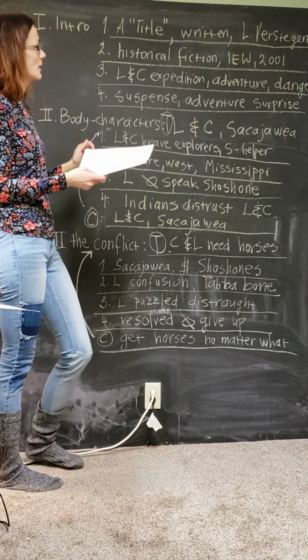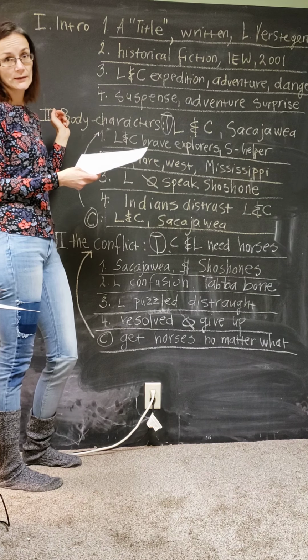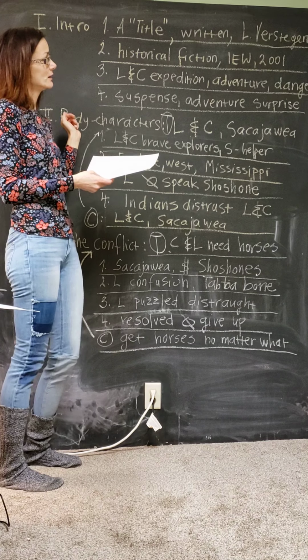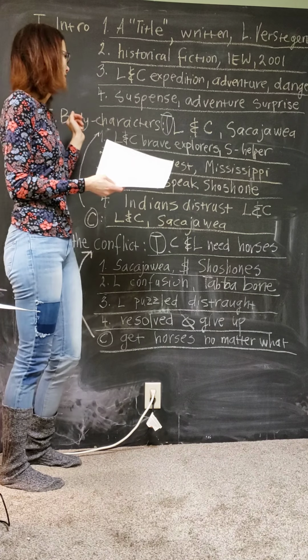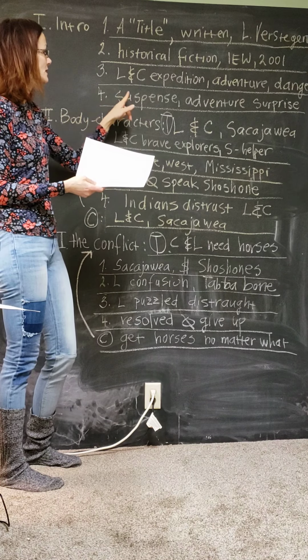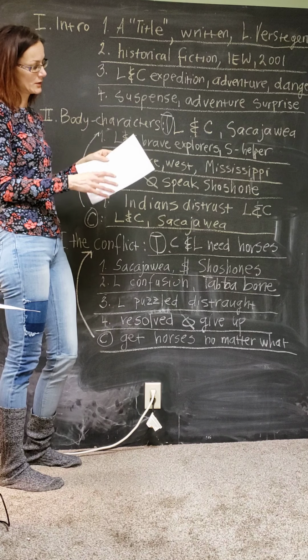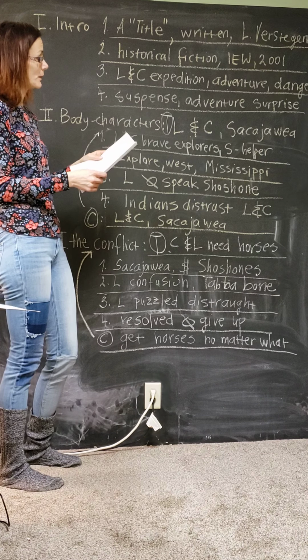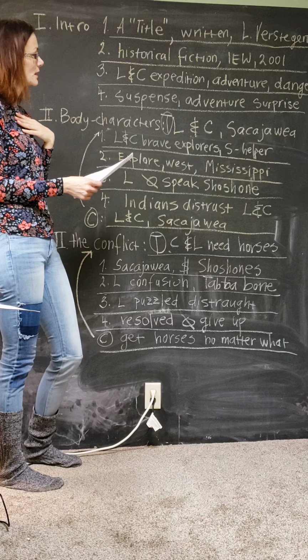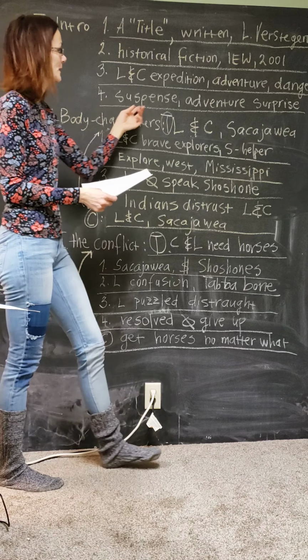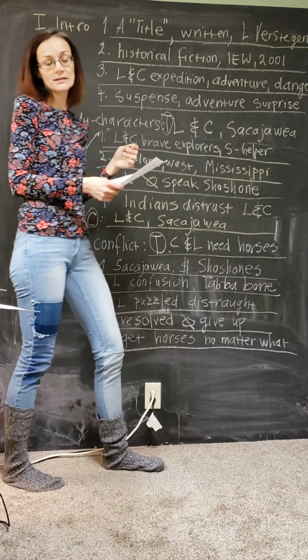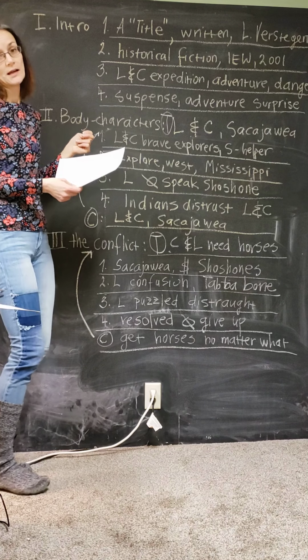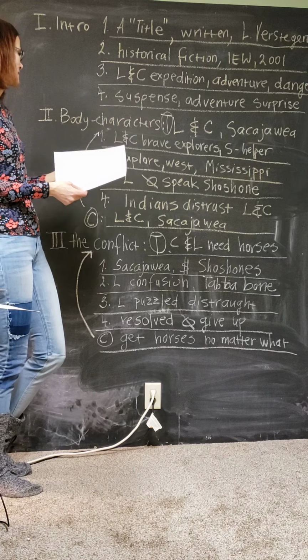So I would say the story tells us about the expedition of Lewis and Clark and the adventures and dangers they encountered. And the fourth sentence, we should give an overall impression that it had on us. For me, again, it was suspense, adventure, and surprise. So I would just sum it up, saying that the story is full of these 3 things for me.